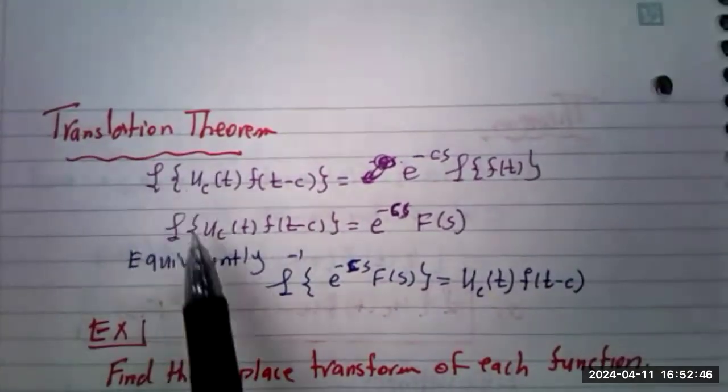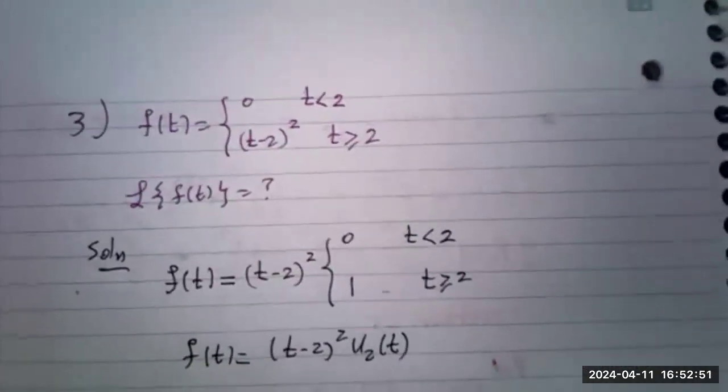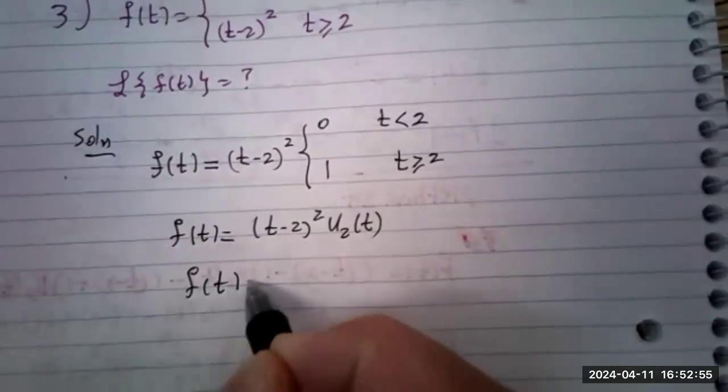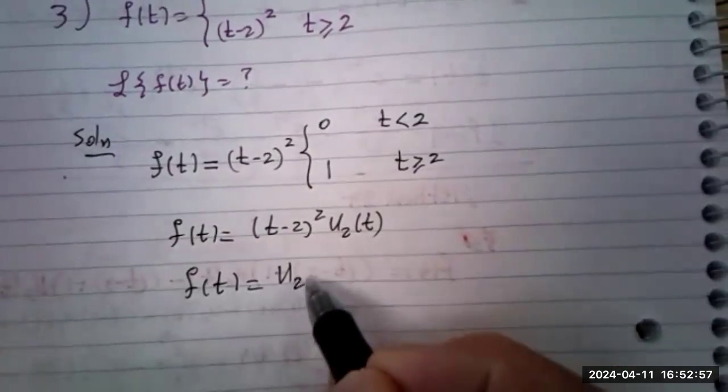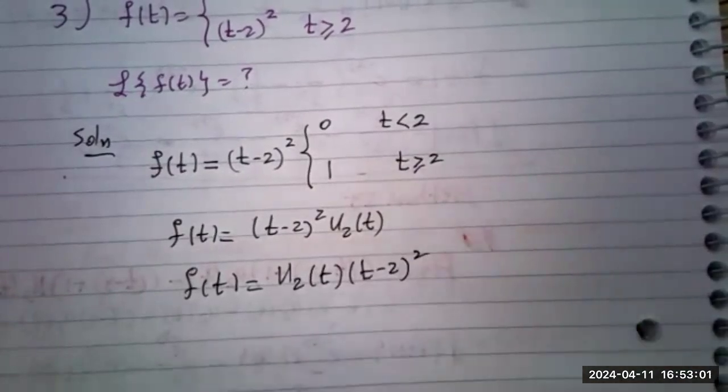The theorem is Laplace of u_c(t) f(t minus c). If you like, I can switch it so that you can see it exactly as we did over there. You see you have u2(t) times (t minus 2) squared. That's it.